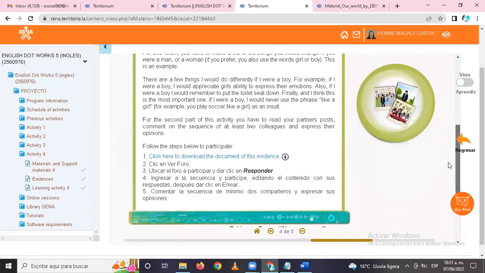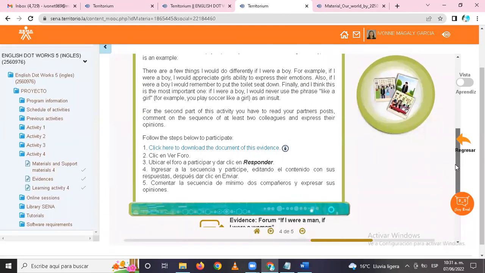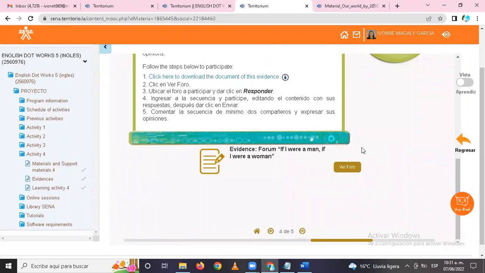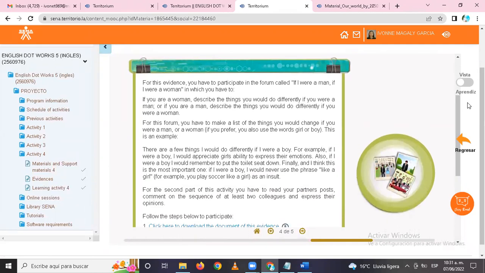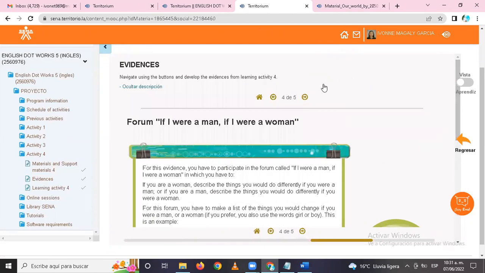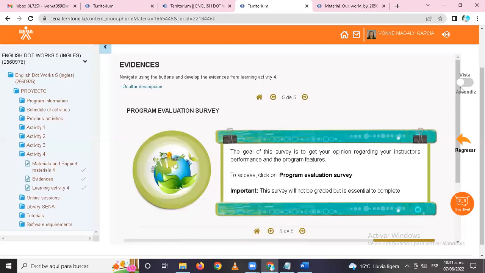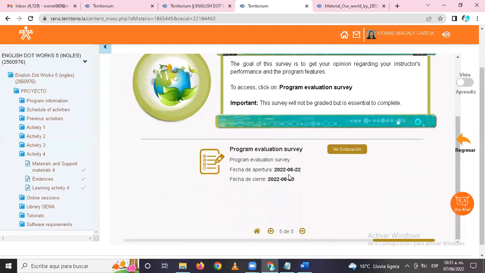We also have the link to access the forum, but here the instructions, and the last exercise, which is the program evaluation survey, is going to be available the last 2 days of the course, the 22nd and 23rd.